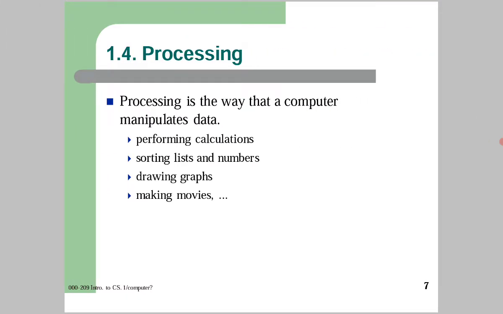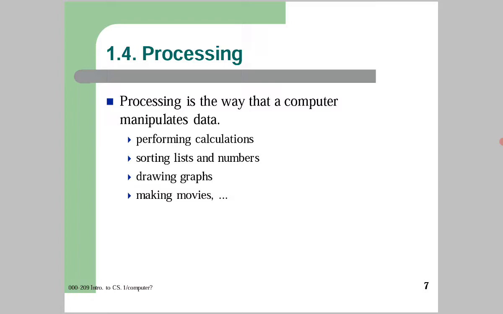What is processing? Generally the CPU or central processing unit does various processing. Processing is the way that a computer manipulates data. Manipulation means doing some calculations or doing some comparisons.